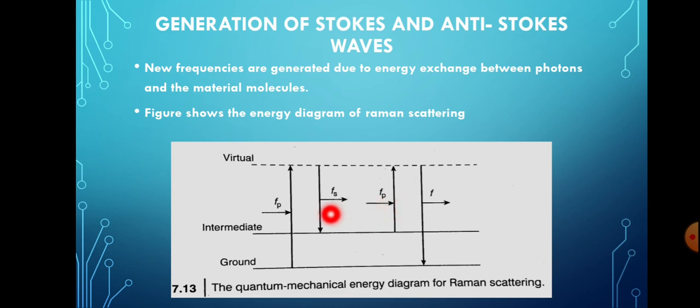And next, suppose there are carriers in the intermediate level, and we are giving an incident photon, that is pump energy having frequency Fp.